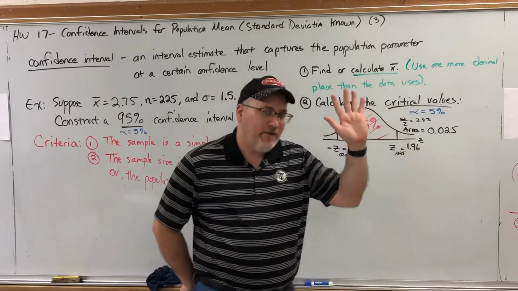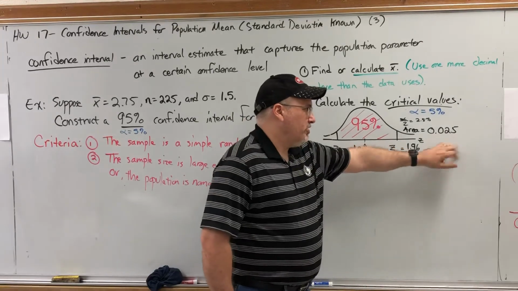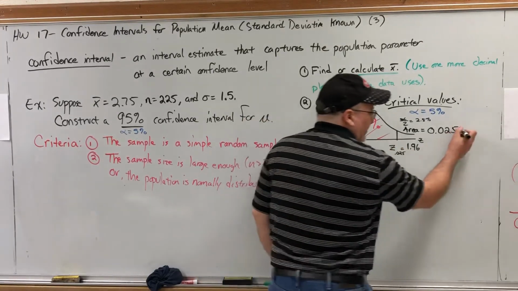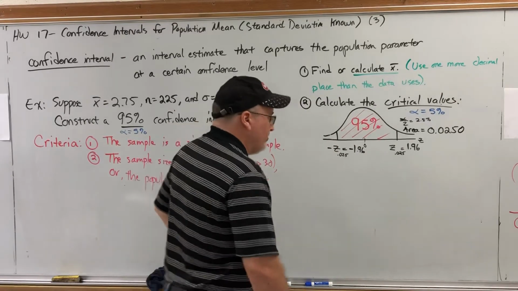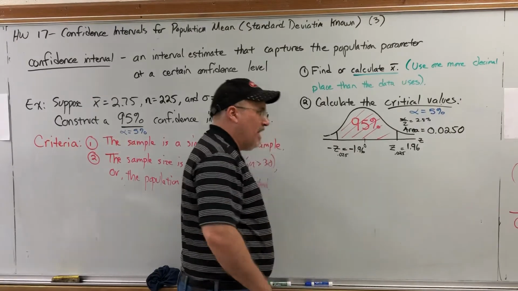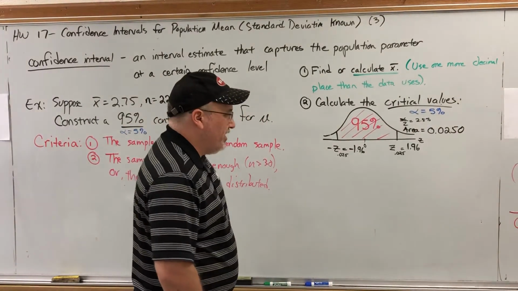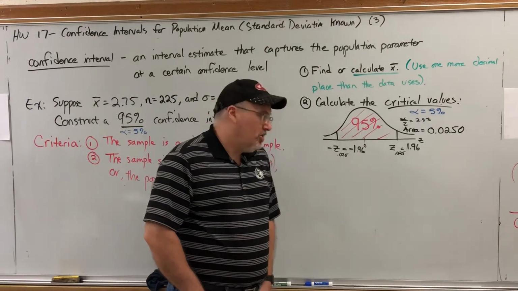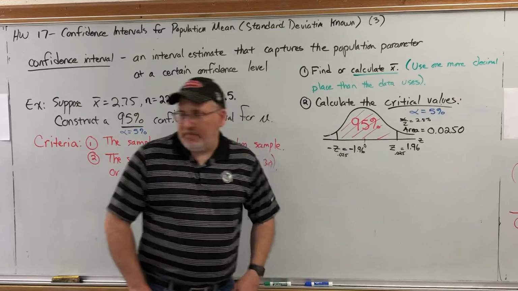You cut that in half, you have 2.5% in one tail. Look up 2.5% or 0.0250 inside the z-chart. Inside the z-chart, go to the edges to find the z. And one of them is negative 1.96 and the other one is positive 1.96. It really doesn't matter which one you use because at the end we're going to do plus and minus. So as long as you use either, you're okay. I always use the positive one.